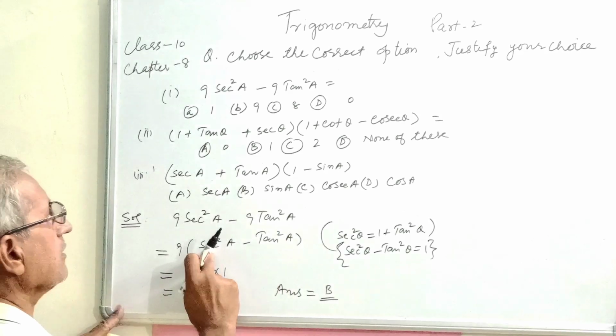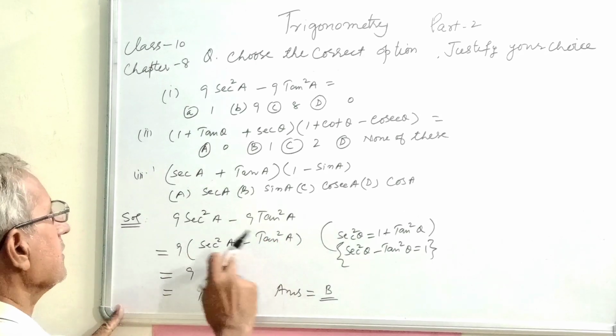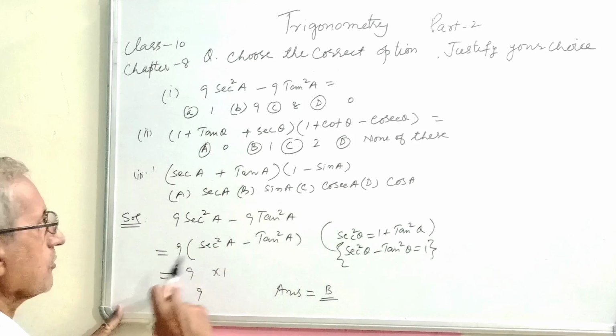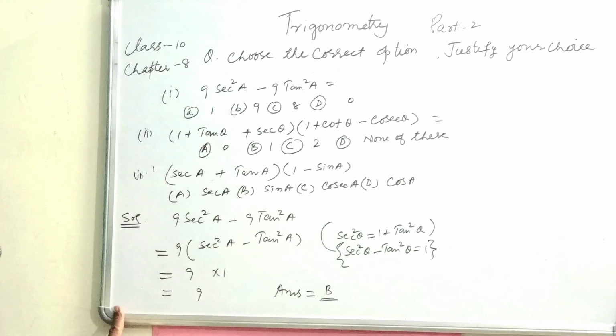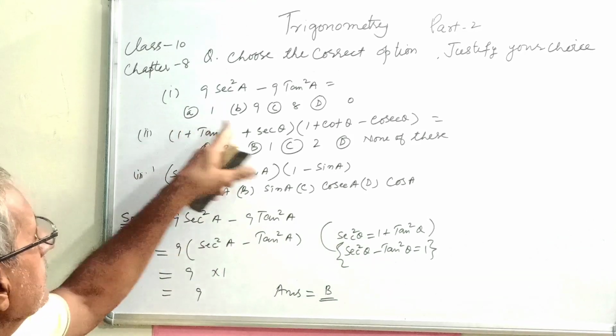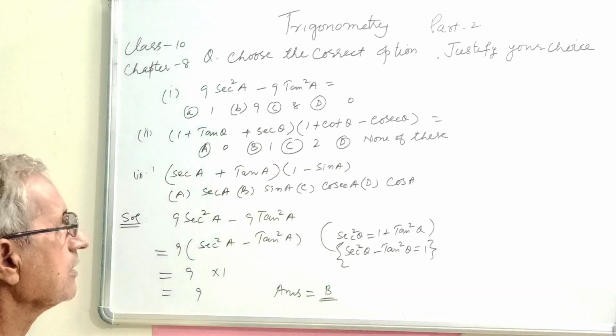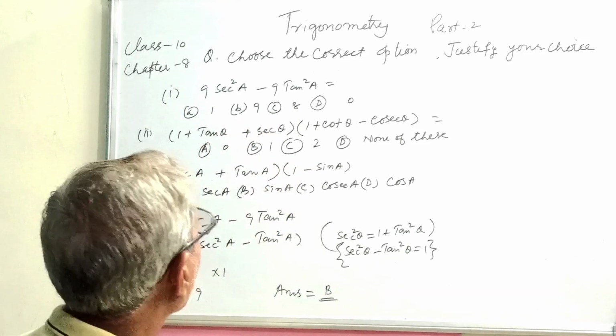Secant square theta minus tan square theta की वैल्यू हुई 1, तो उससे 9 से मल्टीप्लाई की तो आई 9। So therefore out of these 4, B is the right option.